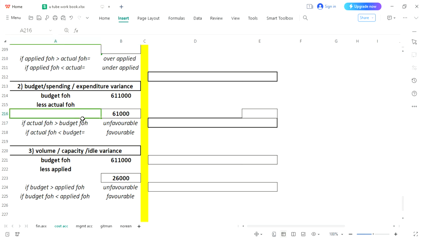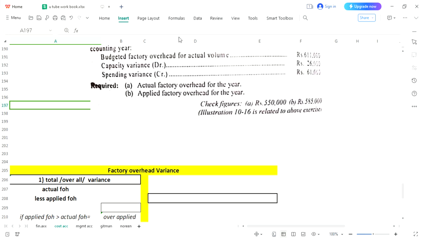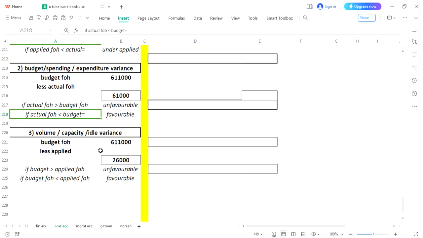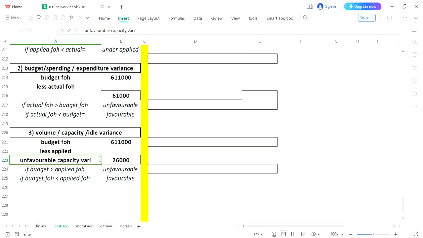He is also explaining that spending variance and capacity variance. Capacity variance is unfavorable 26,000, so you will write here unfavorable capacity variance.